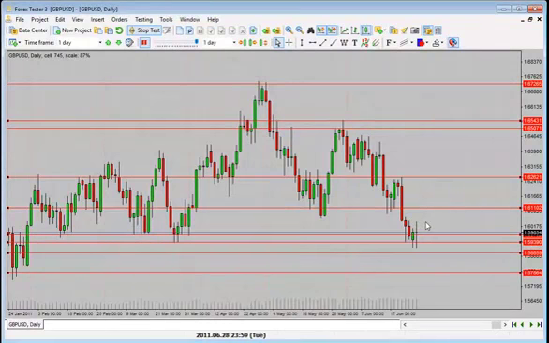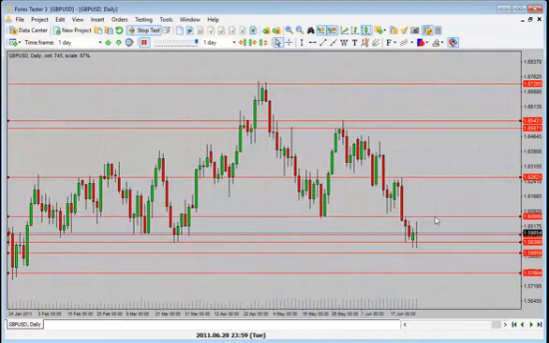Okay, here we are. And now price went all the way up, all the way down, and closed right in the middle. What do we expect it to do next? All right, so we have a very neutral candle close, very, very neutral sideways.